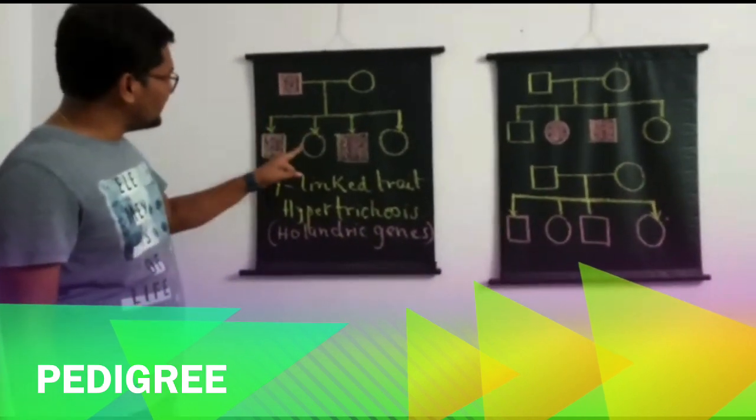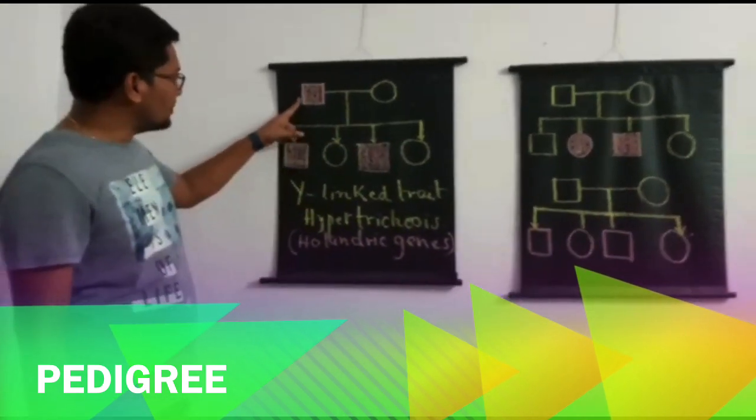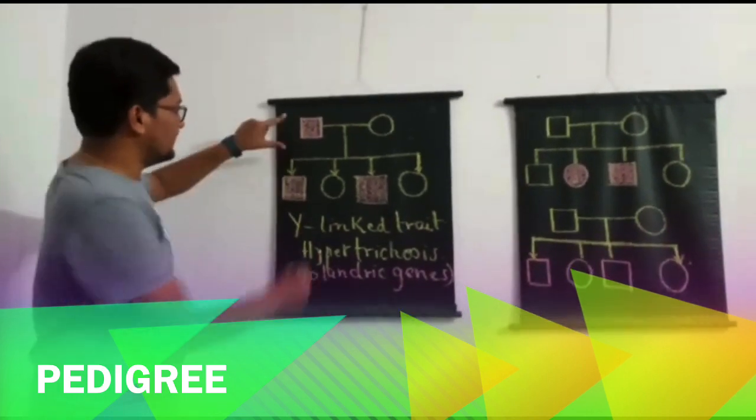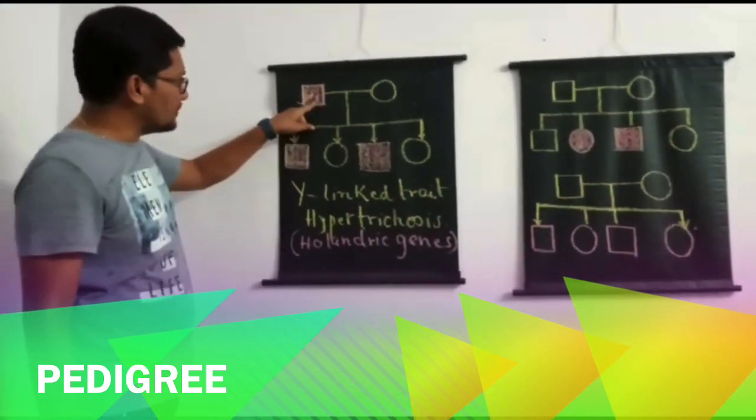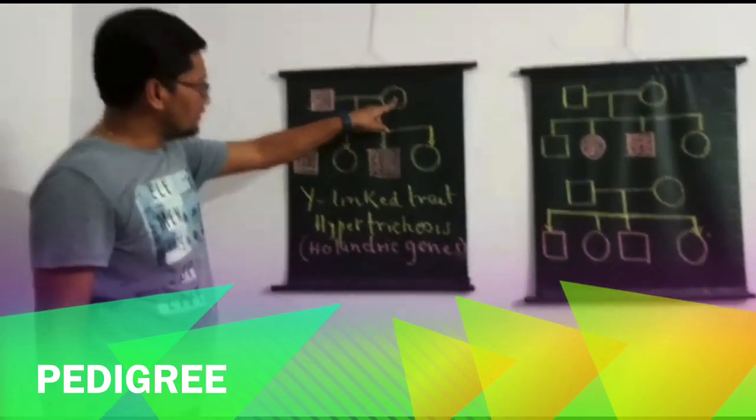Let us look into it and understand which type of trait it indicates. Here, male infected means the male is suffering from the disease, and the female is normal.